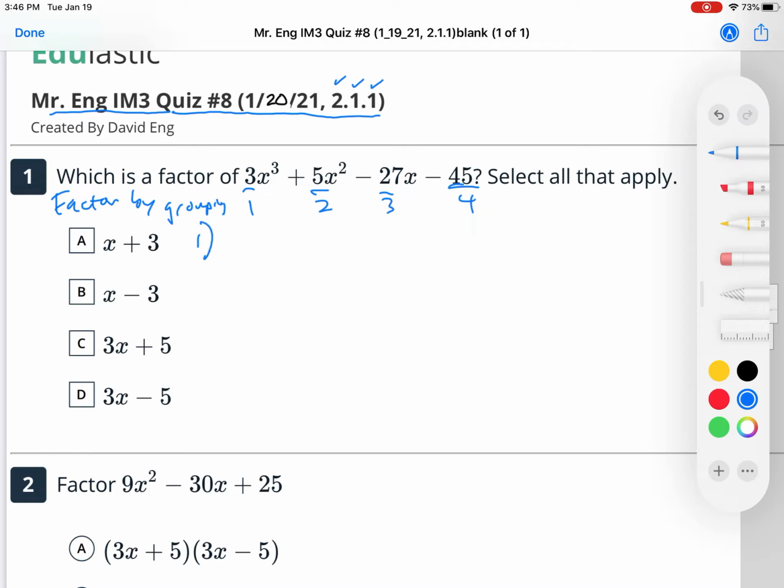You can use the box method. Let's do that part right now. So remember here, I'm going to try to go in a Z. So I have 3x cubed, positive 5x squared, minus 27x and minus 45.